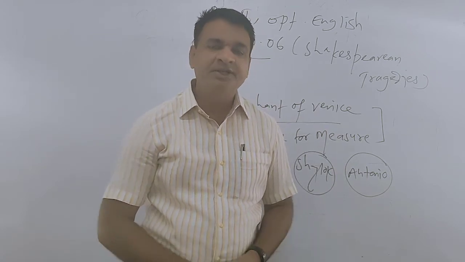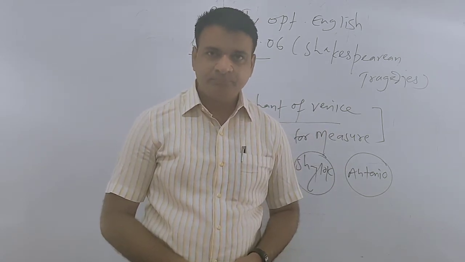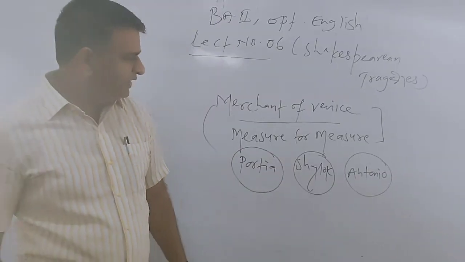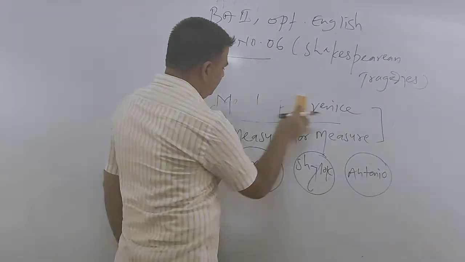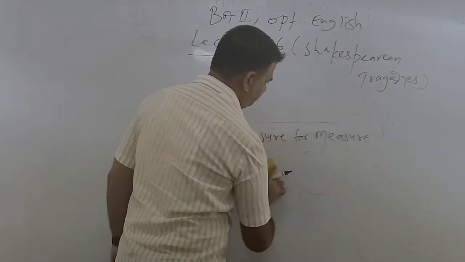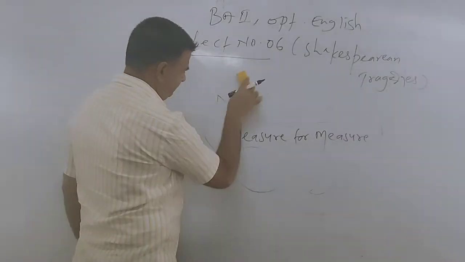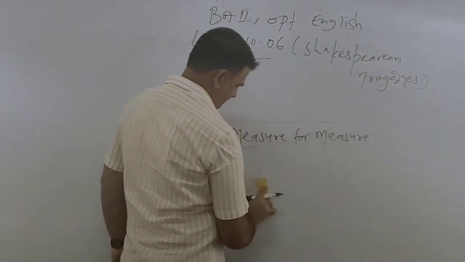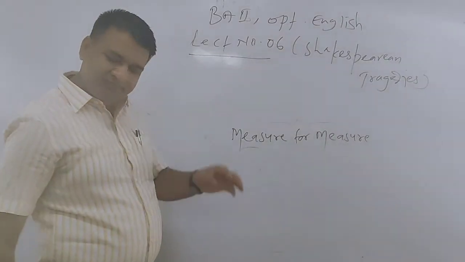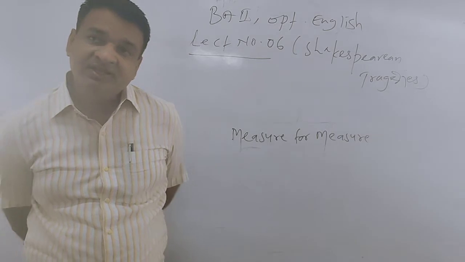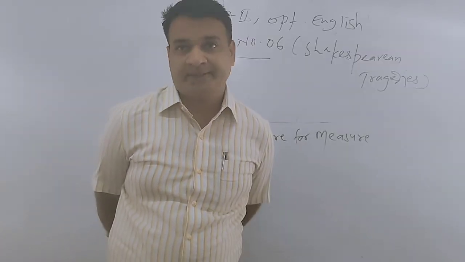So this is a little bit about the tragic comic. And again we have another tragedy, or we can say the tragic comic situation, that also highlights the very episode. Measure for Measure, when you go through Shakespeare's Measure for Measure, is like tit for tat.